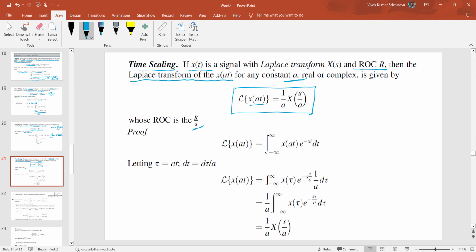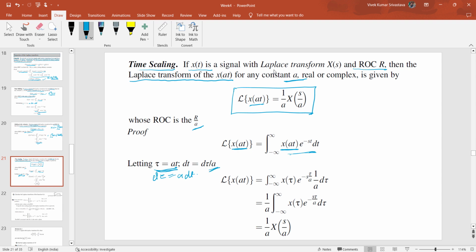Let us prove this property as well. We have to evaluate the Laplace transform of x of at, so we will put x of t as x of at. To evaluate this integral we will substitute at as tau. From here d tau will be equal to a into dt, so dt is equal to d tau over a.